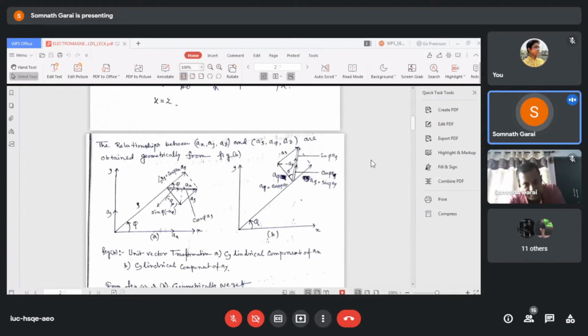So in that direction it is minus a phi. Got my point? This is also the direction of a rho, because these are parallel.